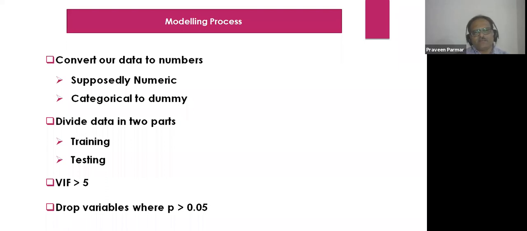Second, we divide the data into two parts, training and testing. Whatever the VIF is greater than 5, we have to drop it, and we drop variables with p greater than 0.05 also. So these are the basic concepts we have to keep in mind when we develop and train a model.